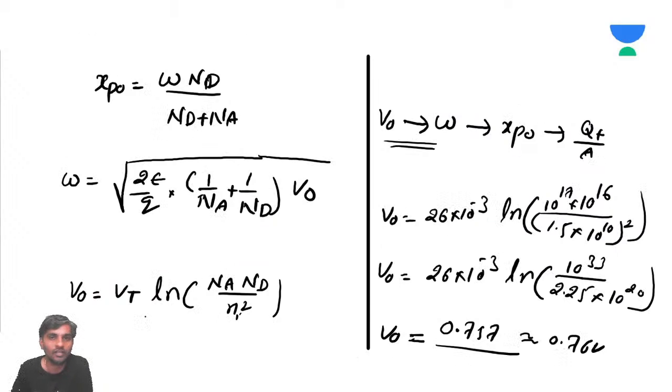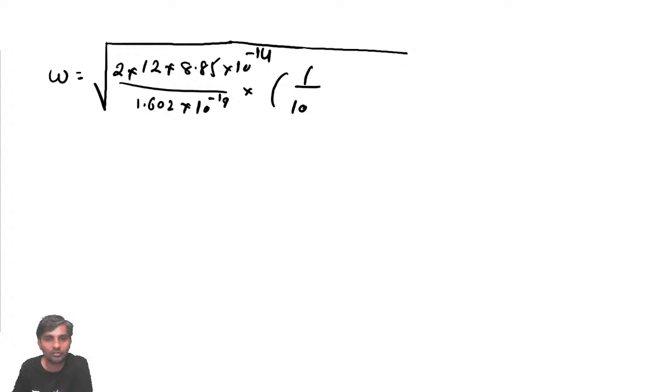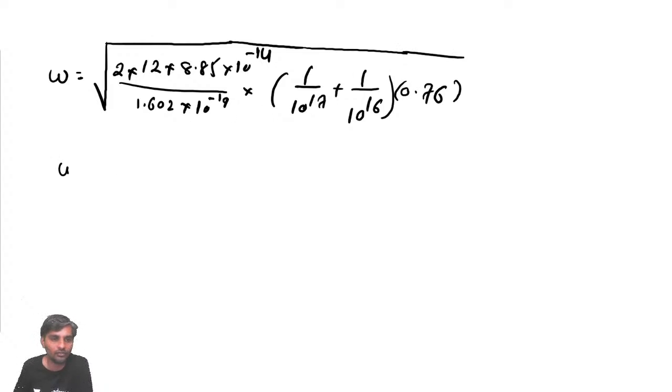Okay, same value I got. By Q, 1.602 into 10 to the power of minus 19, into 1 by 10 to the power of 17 plus 1 by 10 to the power of 16, into V naught, which is 0.76. You use that and calculate the value of W.